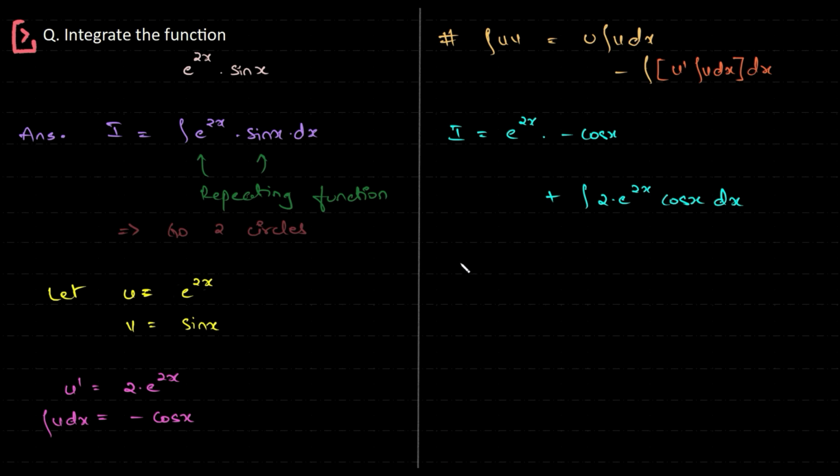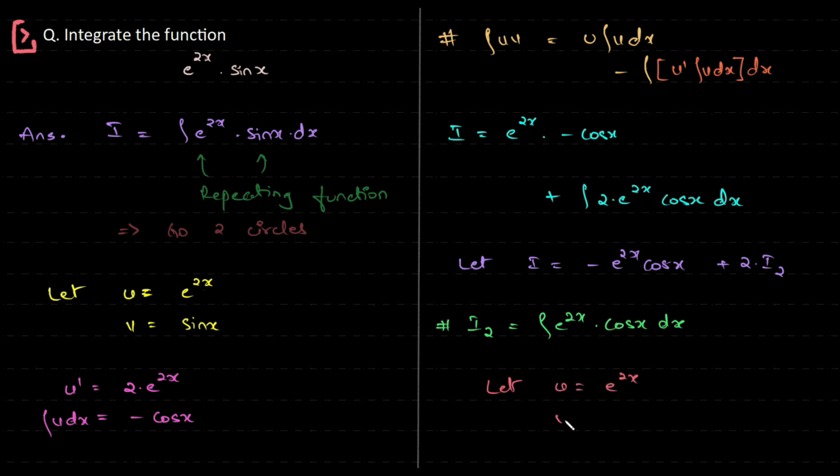Okay, so I is minus e to the power of 2x cos of x plus I2. If I take this as I2, 2 times of I2, let me do that. I2 itself is a similar question to whatever we just started off with, right? So here too, if I take u as e to the power of 2x, can you see that?